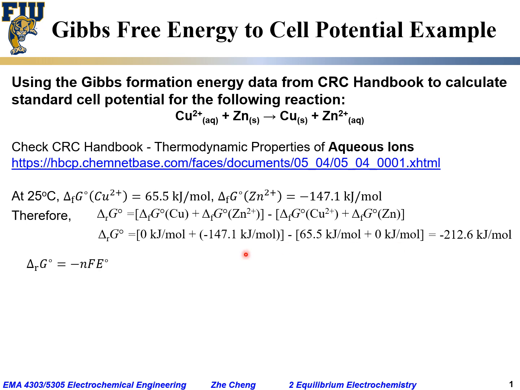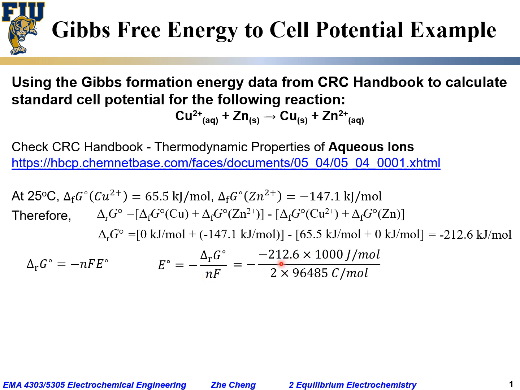Okay. Then remember the relationship between delta r G0, the reaction free energy change at the standard state, and the standard cell potential. With this relationship, we can calculate the standard cell potential E0 to be minus delta r G0 divided by nF. Don't forget the negative sign here.